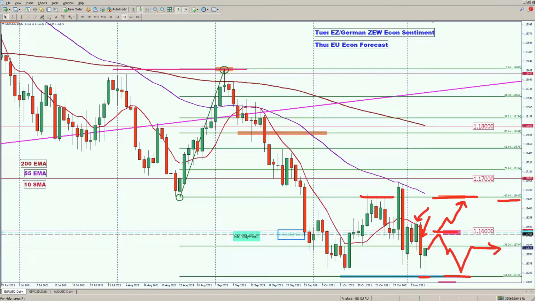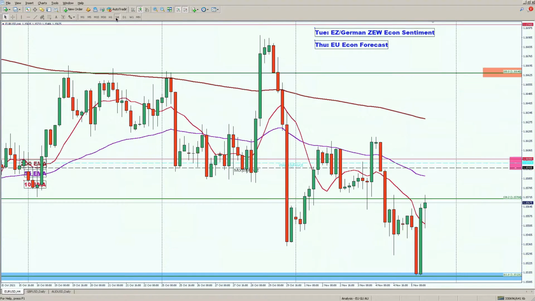So let me just go down to the 4-hour time frame. And that was the initial move lower, right into the support zone, and then a strong recovery engulfing back up to the 138 fib.